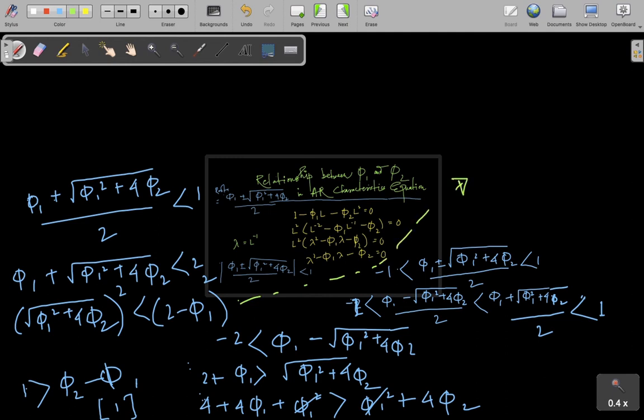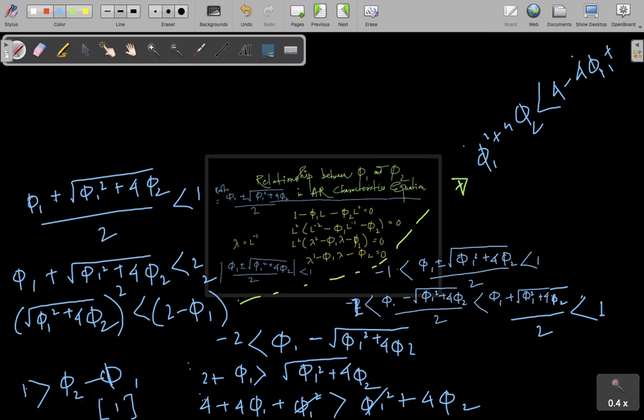So here I will have my phi 1 square plus 4 phi 2, so I'm taking square on both sides, okay? Maybe I should use the same color. So I will have phi 1 square plus 4 phi 2 is less than 4 minus 4 phi 1 plus phi 1 square, right?